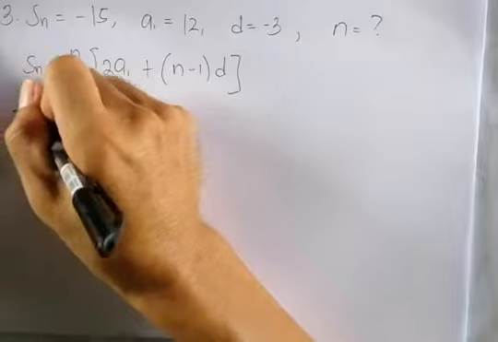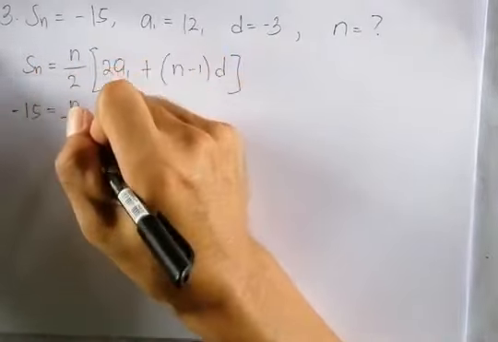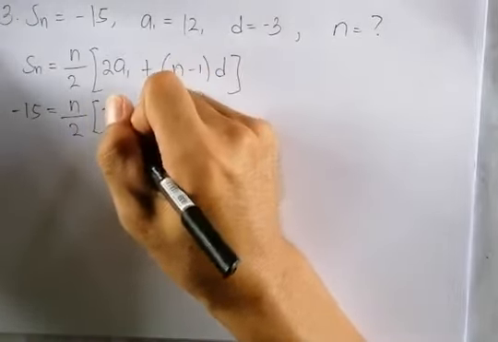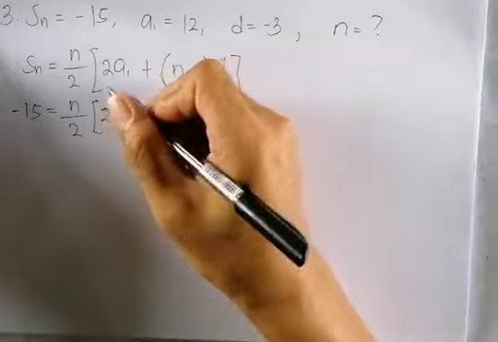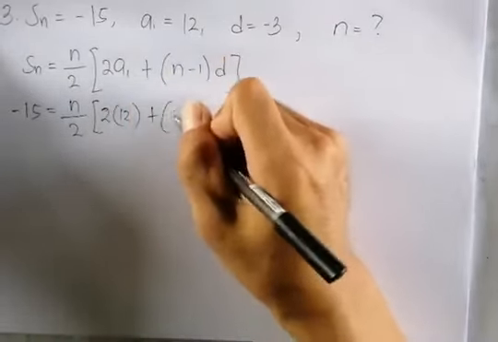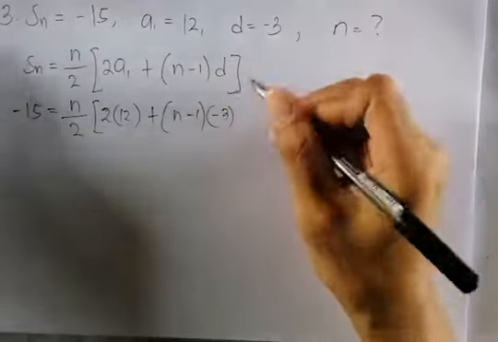So S sub n is negative 15, so it is equal to n over 2. So we have 2 times the value of a sub 1, which is 12, plus n minus 1 times negative 3.